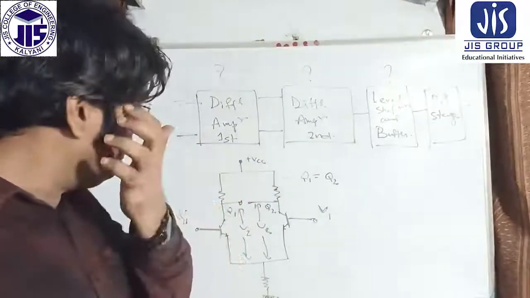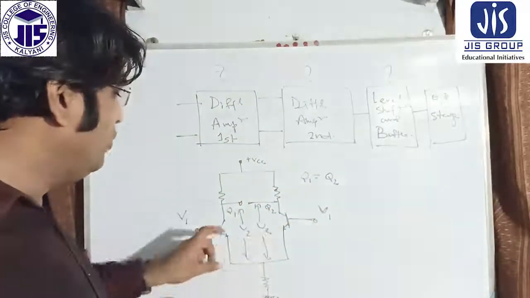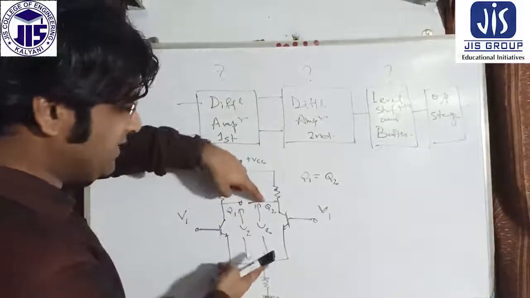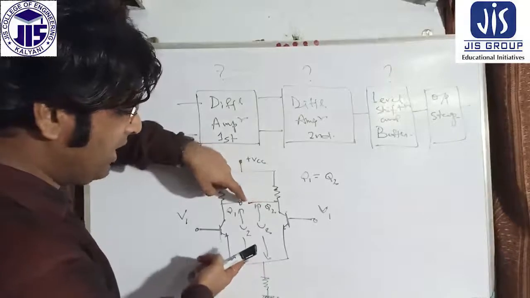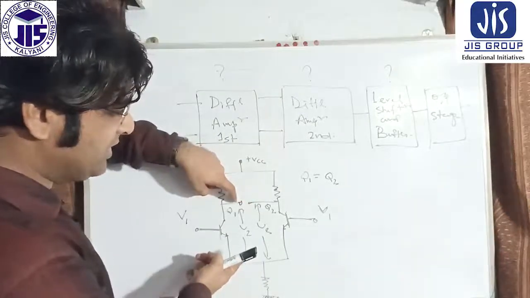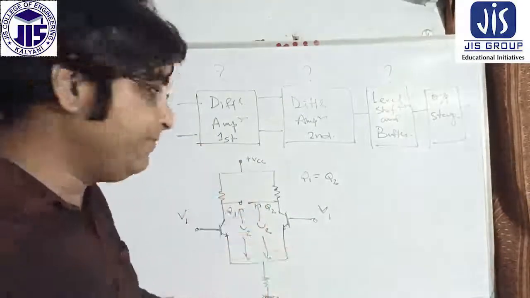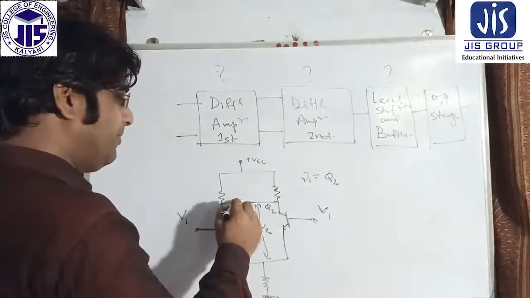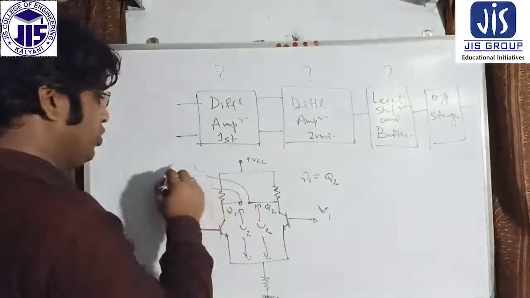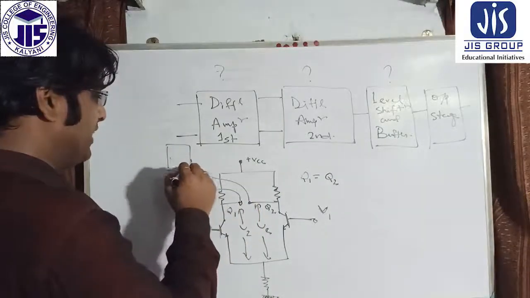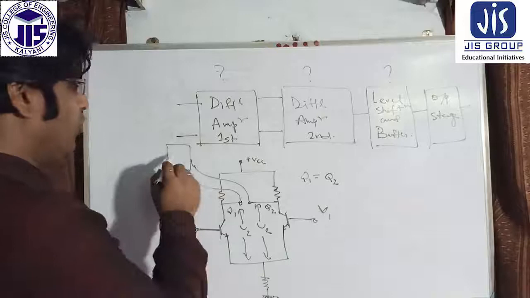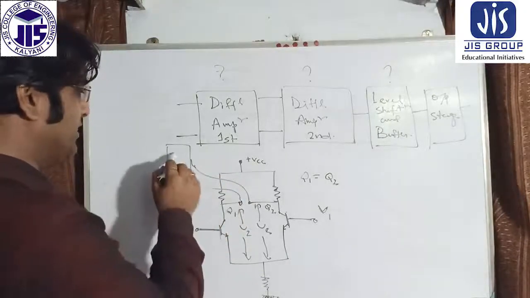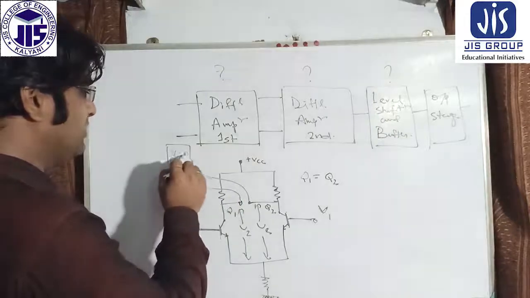So for this V1 and this V2, the same voltage is coming here and here. The voltage of the Q1 transistor with the ground and the voltage of the Q2 transistor are also the same. If these two are the same voltage and I connect this part to a multimeter, what will be the output voltage? I get a voltage equal to 0.